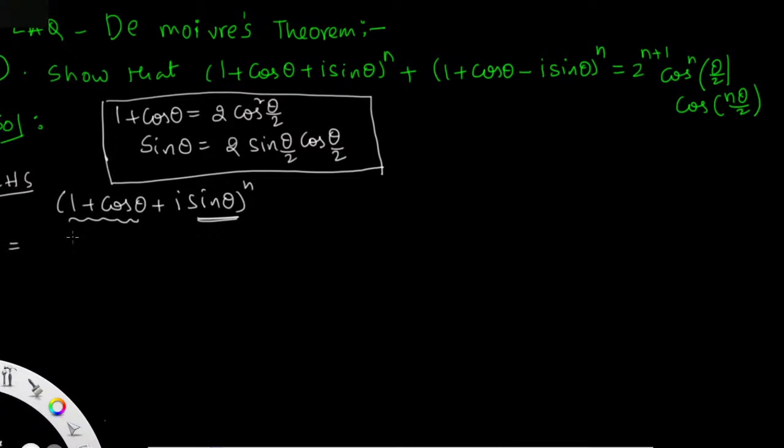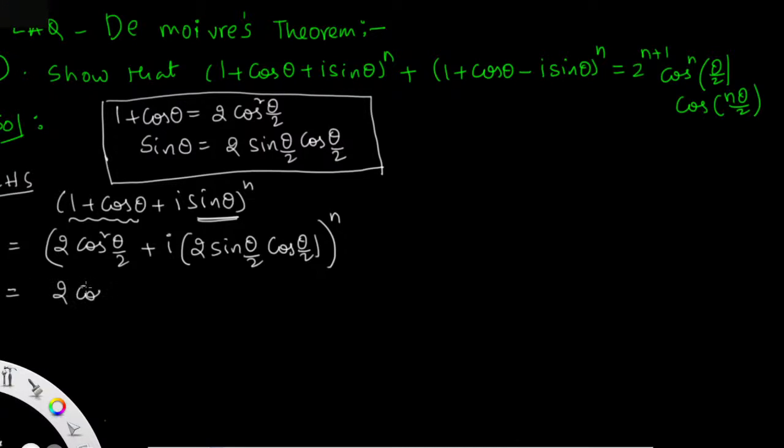Substitute the formulas: 2 cos^2(theta/2) + i times 2 sin(theta/2) cos(theta/2). Then 2 cos(theta/2) is common from both. The remaining is cos(theta/2) + i sin(theta/2), whole power n.